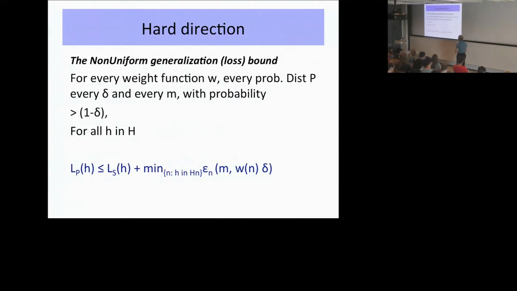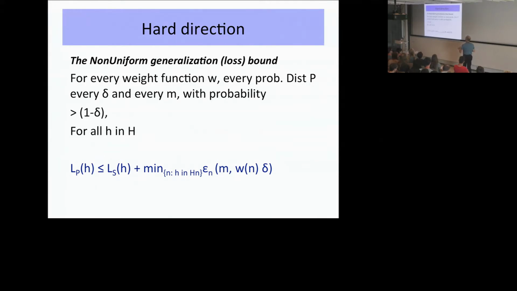And with this, I can prove the following result: if the class is non-uniformly learnable, and I decompose it into HNs and give you weights that sum up to 1, then for every H, the true error of H is at most the empirical error of H plus the smallest epsilon that I can handle with this number of examples, and take into account the weight.